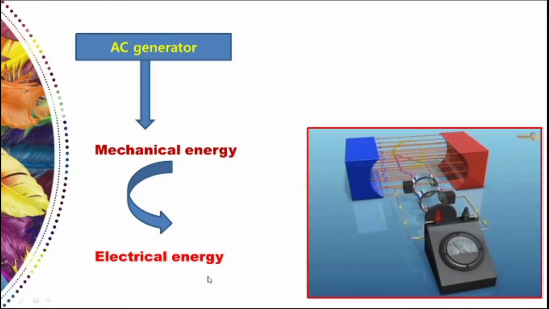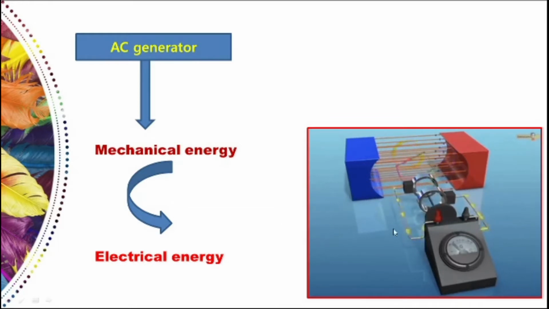Alternatively, water is heated to produce steam using coal or other sources. The steam at high pressure produces the rotation of the armature. These are called thermal generators. Instead of coal, if a nuclear fuel is used, we get nuclear power generators.